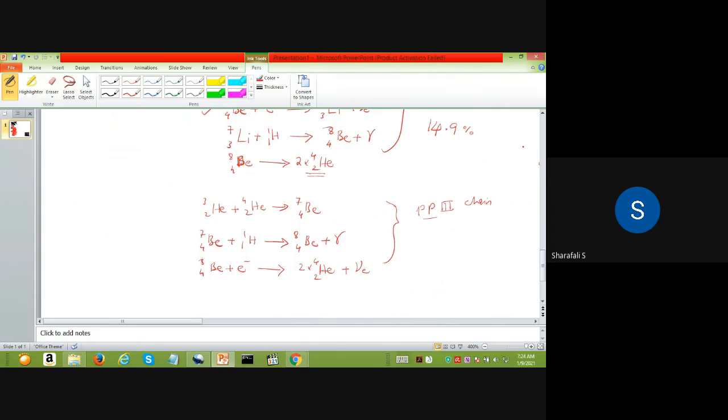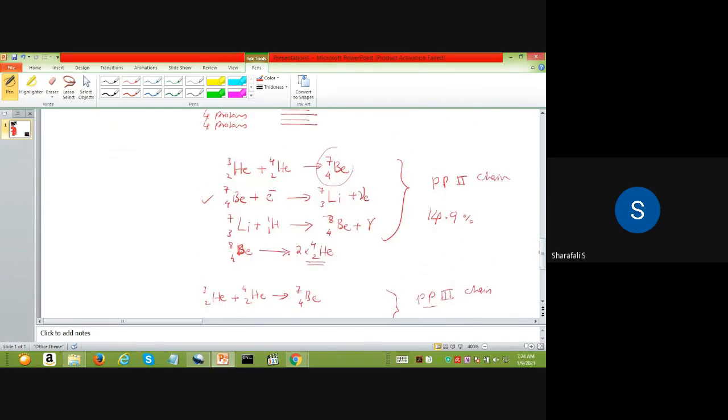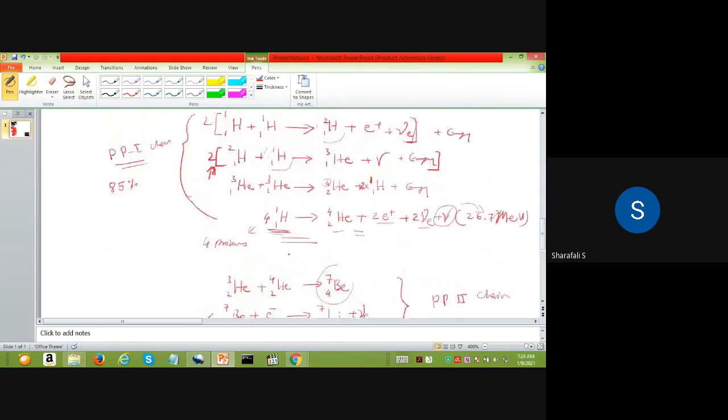So that is the basic idea. All the chains will give me this final product, this final equation.